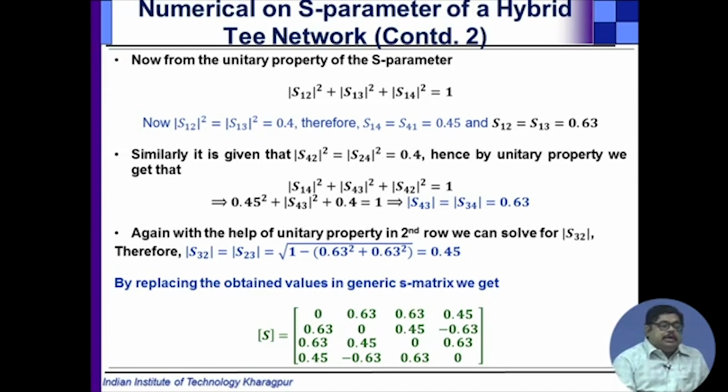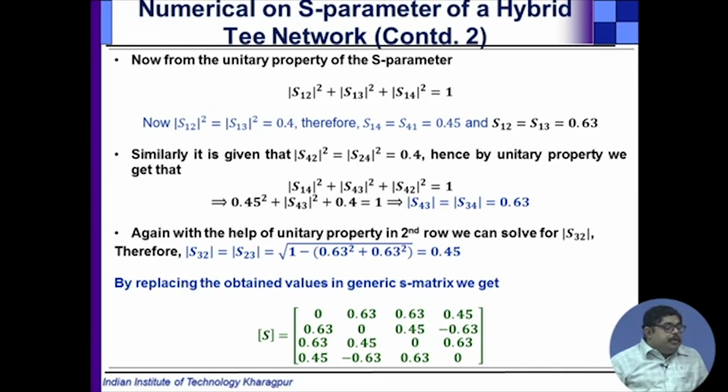Also, 40% going somewhere means power-wise; you remember the S matrix is generally voltage. So, S42 squared is equal to S24 squared is equal to 0.4. So, you get those values.